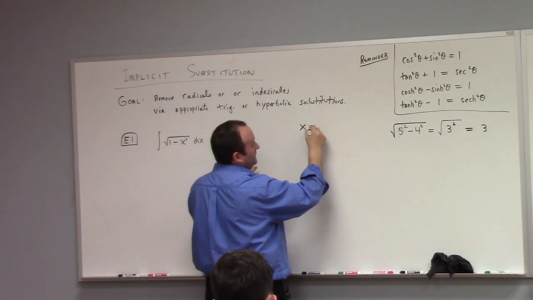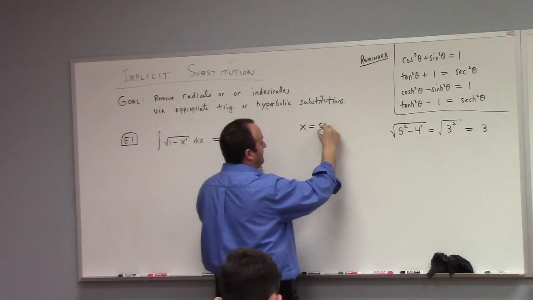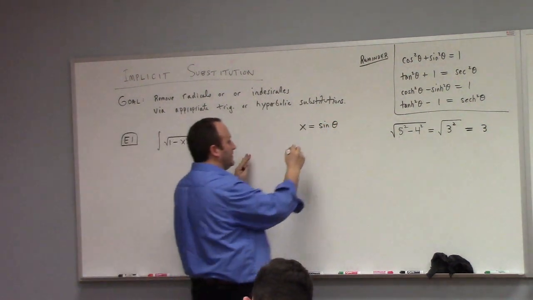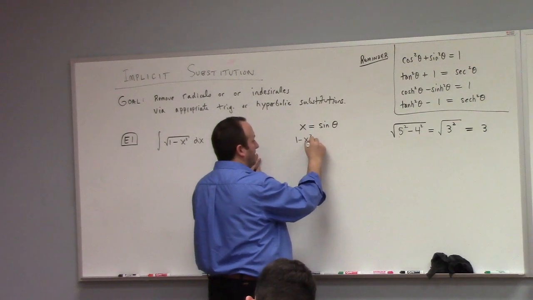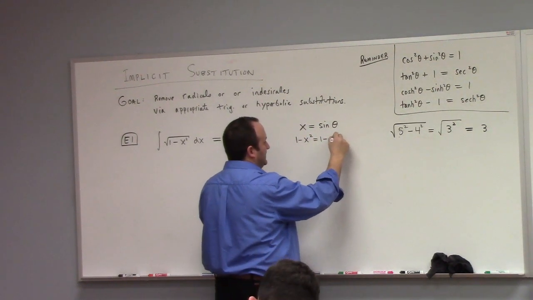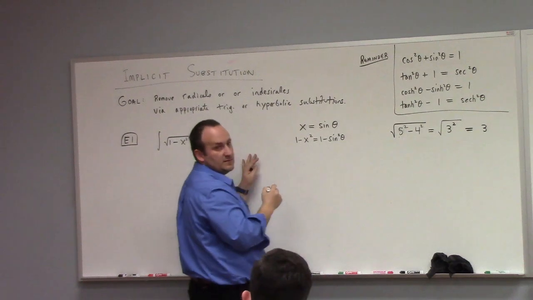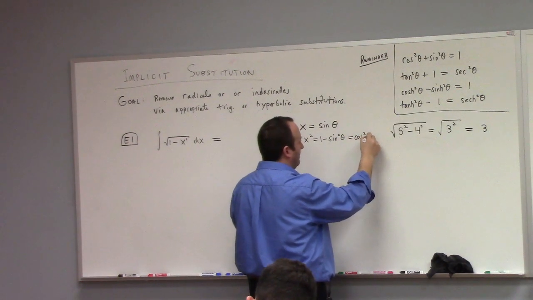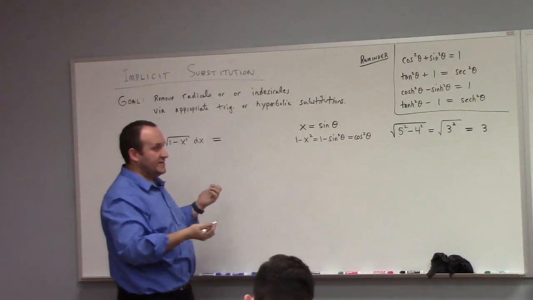If we set x equal to, say, sine theta, what does that make 1 minus x squared equal to? Yeah, 1 minus sine squared theta, which is otherwise known as? Yes, cosine squared theta. What's dx equal to?